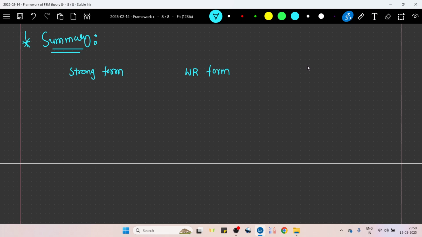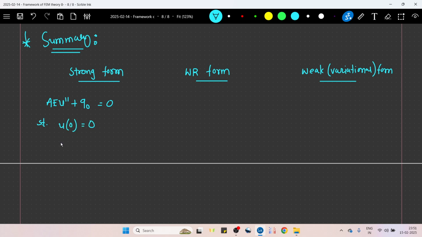From the weighted residual form we got the weak or variational form. So our strong form is A U double dash plus Q0 equal to 0, subject to the boundary condition U at x equal to 0 equal to 0.